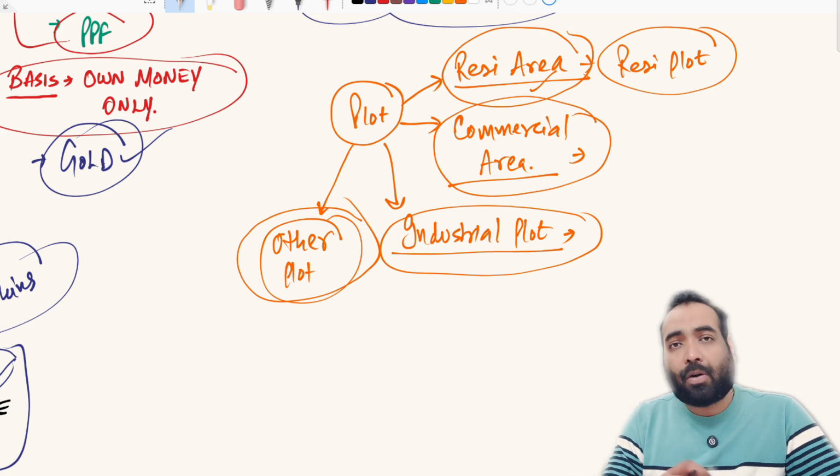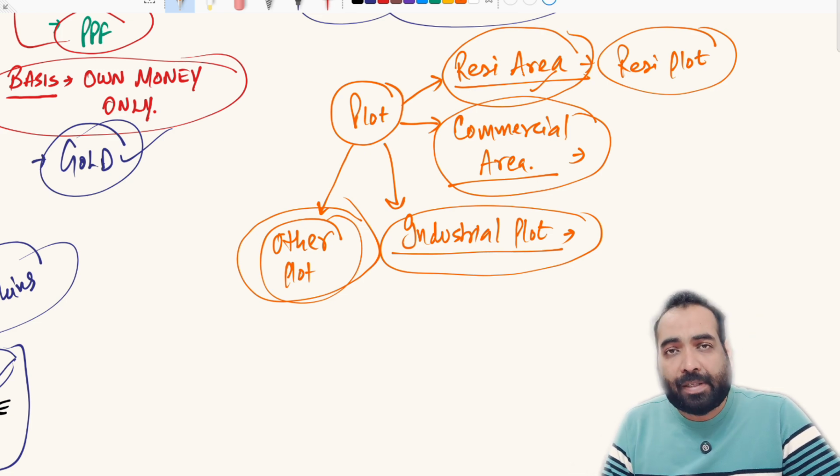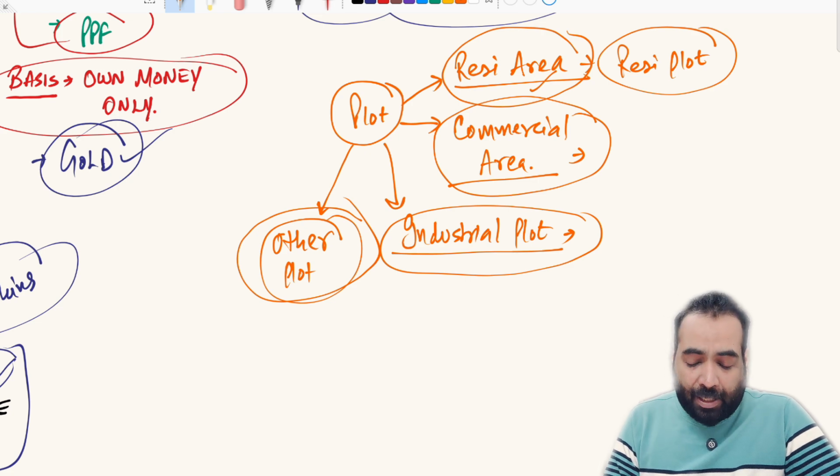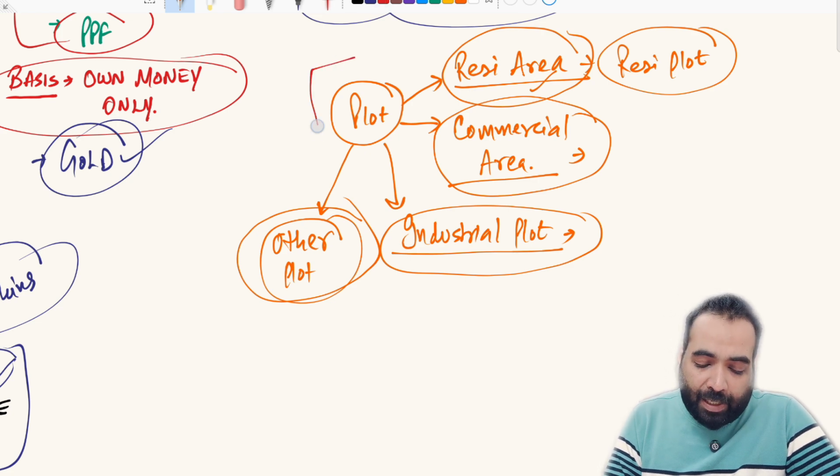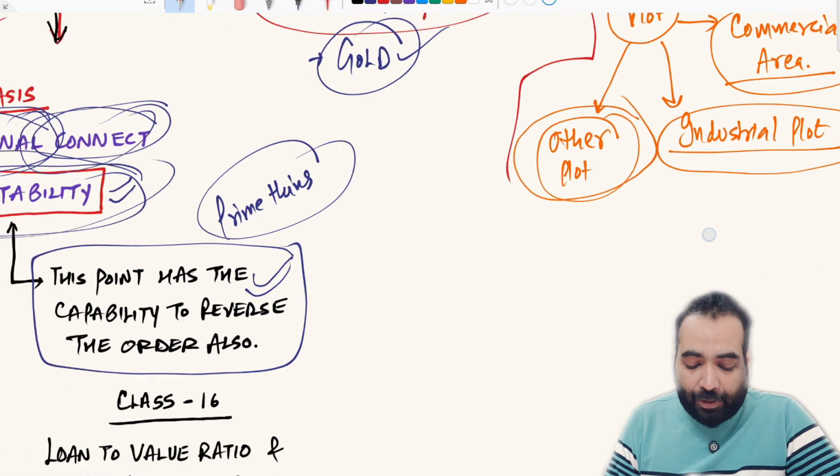So plots also have different kinds of risk factors associated with them. This was the small topic that I missed to explain to you in the last video.